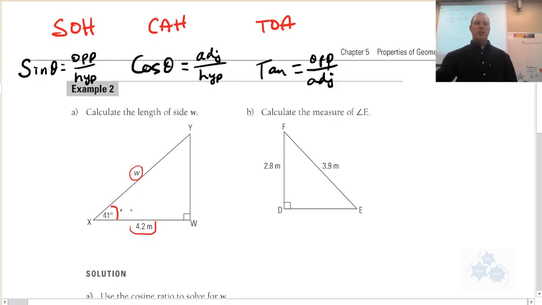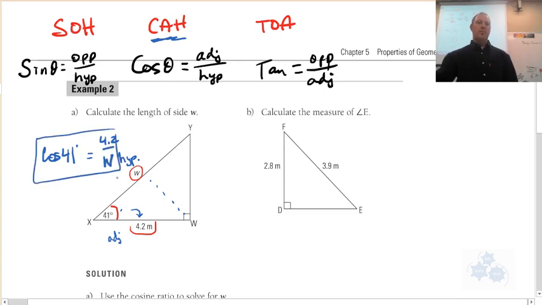According to this angle, this 4.2 is the adjacent side, and this W is straight across from the 90 degrees, so it's always the hypotenuse. So which one has A and H? That is cosine. So you could use cosine of 41 degrees equals 4.2 over W, and you could solve that equation for W. So SOHCAHTOA is the second most important thing that you need to know here.